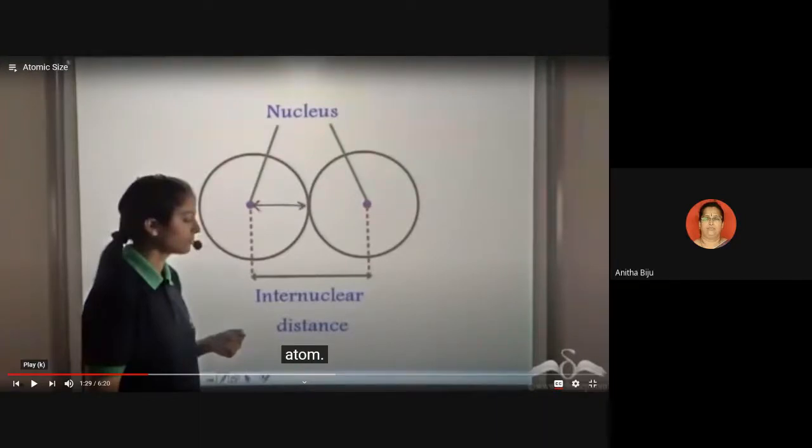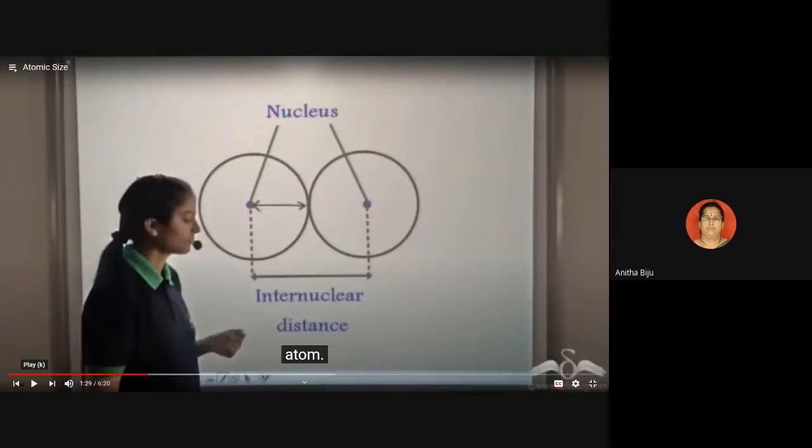So in this slide, it is given like this only, internuclear distance. And here you can see that 2 atoms are there. Suppose if we consider hydrogen atom, the first sphere stands for the first hydrogen atom, the second sphere stands for the second hydrogen atom. In this case, internuclear distance is taken for considering the molecular size. So here we are not considering this.